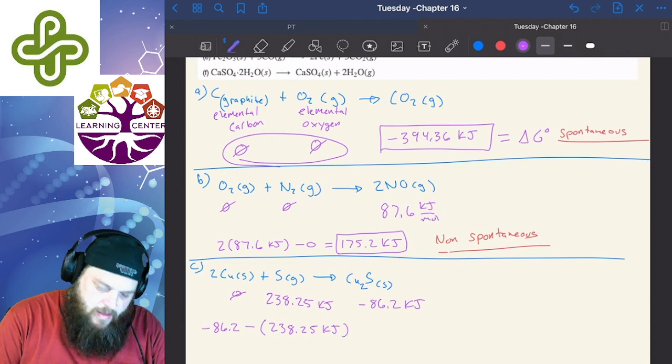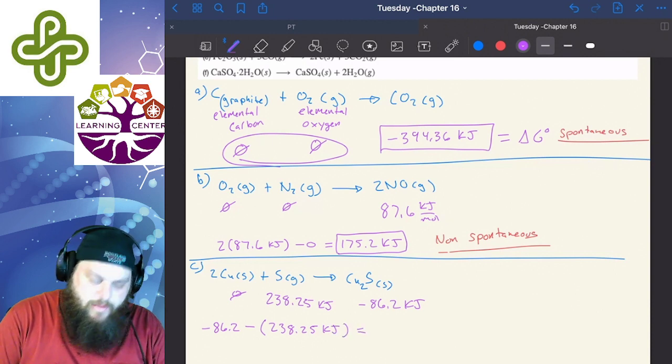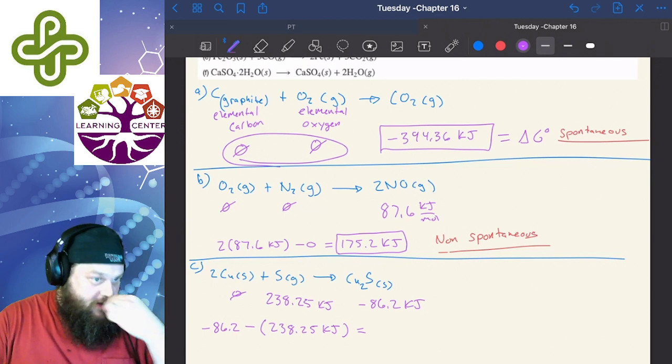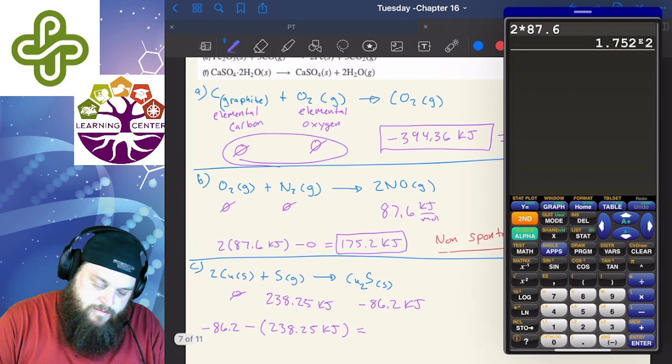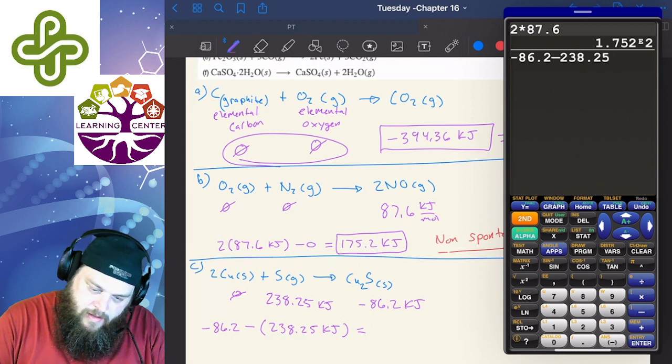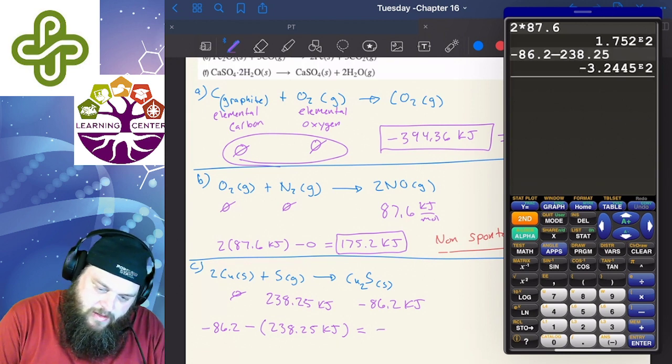kilojoules. And since we're subtracting from a negative number, we know it's going to be even more negative, essentially. So negative 86.2 minus 238.25 is equal to negative 324.45.